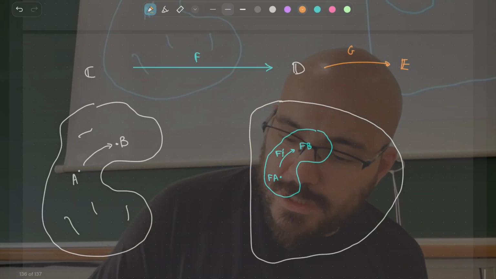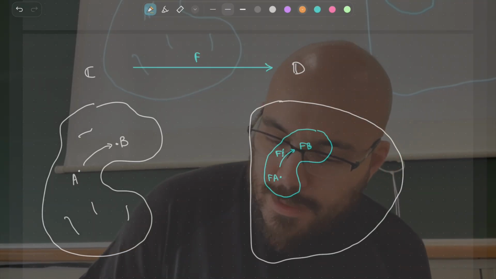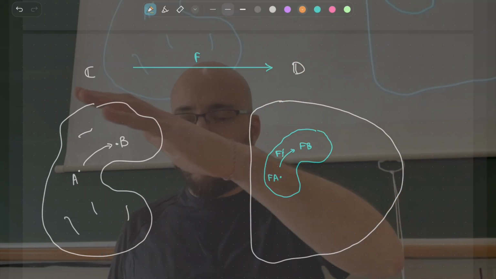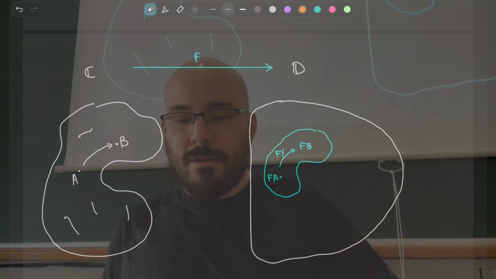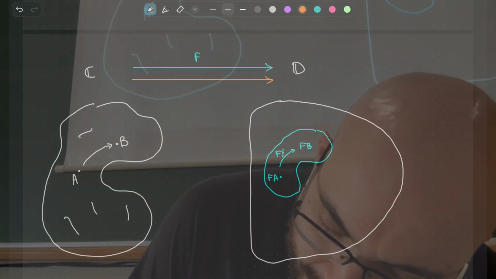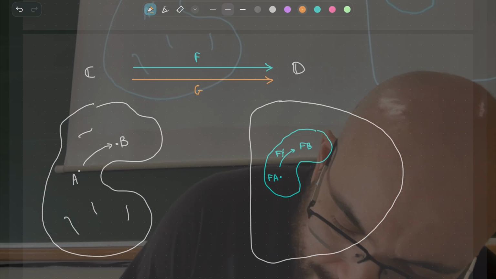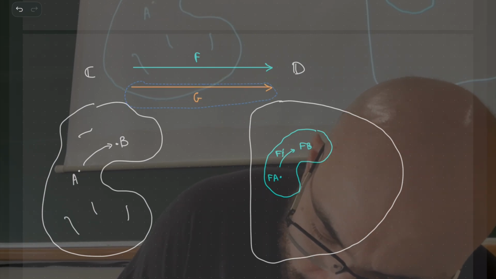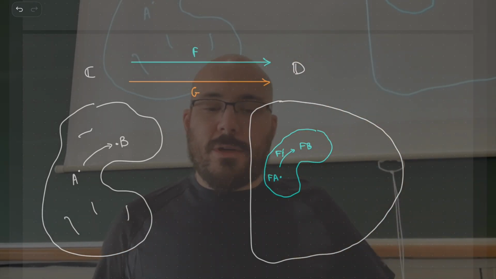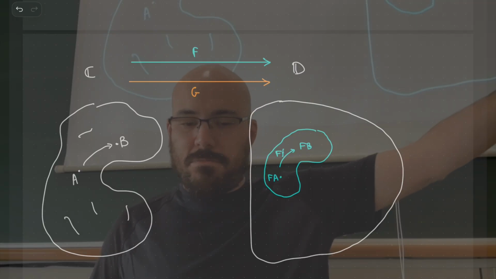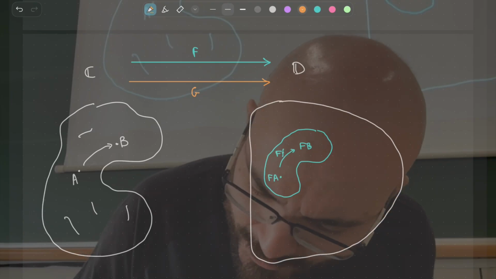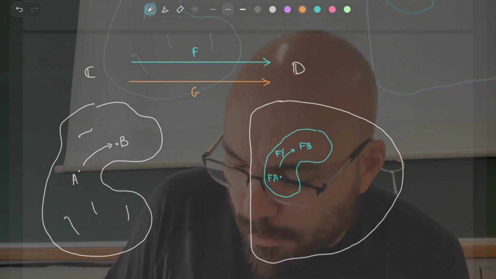Okay, but I want to see something different now. You've got your favorite way of mapping C inside D, and you got a blue copy of C, but I have my way of mapping C into D, and I will call this G. So quite often it happens that you have a blue copy of C and an orange copy of C, and they go something like that.